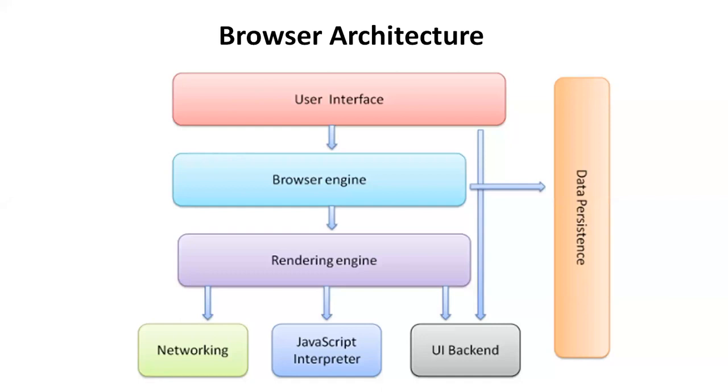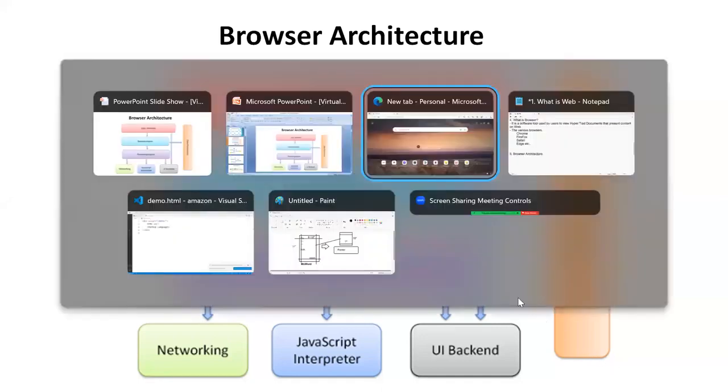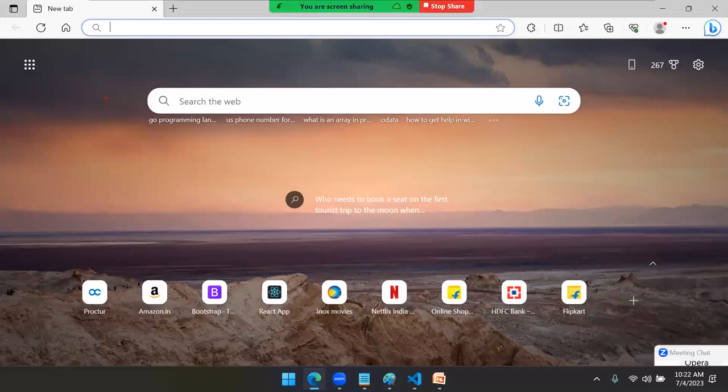Have you seen them? For example, you see a browser. Do you know the parts of this UI? This is called the title bar. You know that? And what is this one? This is the address bar.